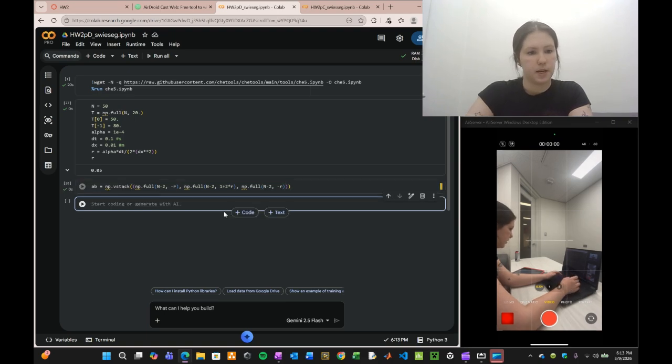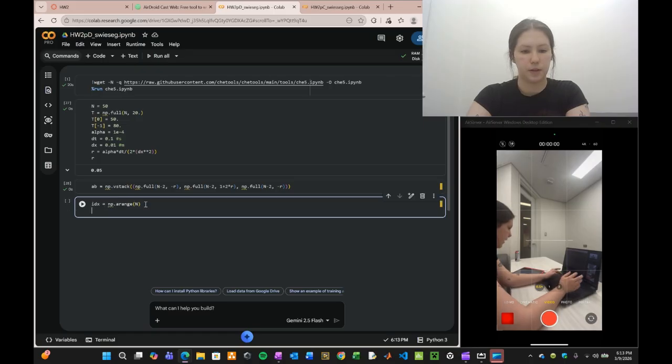Right. And then we also need to define our x-axis. I will call that idx, and it will be numpy.arange n. And then we need to plot, so we can do fig equals make_subplots.